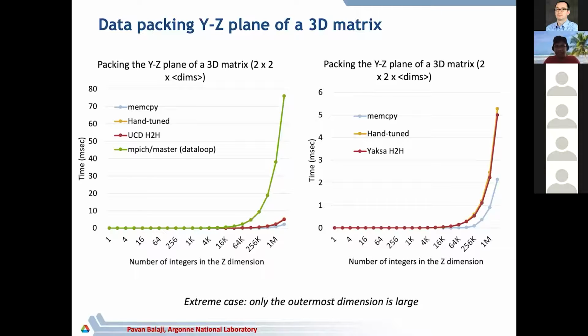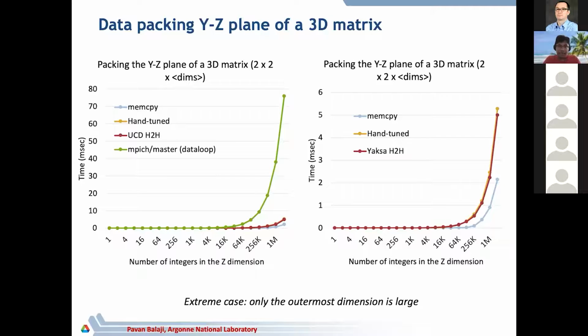The current latest MPICH does not use dataloop, and internally uses Yaksa as well. So the existing and native approaches versus this one would essentially get the same performance because they both eventually just call Yaksa. So it might not make much of a difference in performance, but just to understand how it goes, I put in the old MPICH performance number. It's a little bit of an unfair comparison, but I think it makes a point.